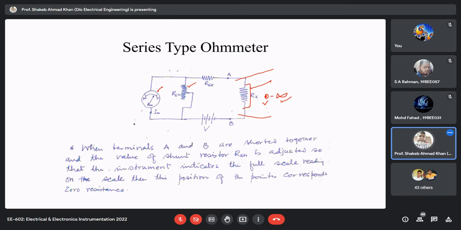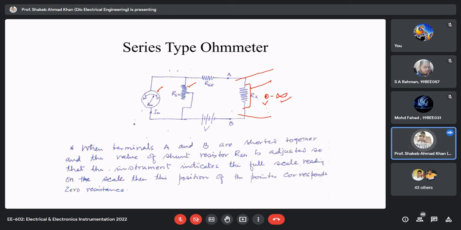Under that condition, what will happen? Your meter will get damaged if it is carrying more current than it is designed for. So this shunt resistance is a very important component here.